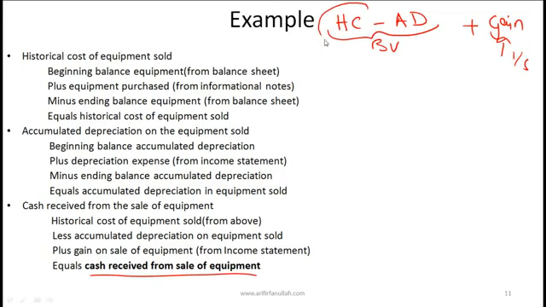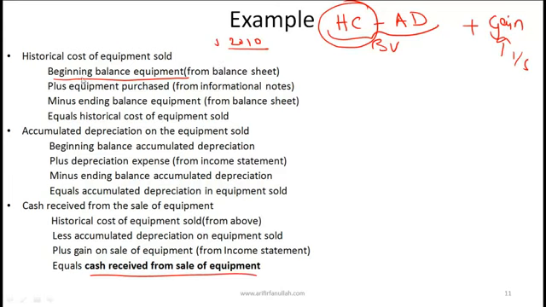Let's do this one step at a time. First, we are looking at the historical cost. To determine the historical cost, we do this. We look at the beginning balance of the equipment from the balance sheet. How much is the equipment worth? Let's say we are doing this for 2010.